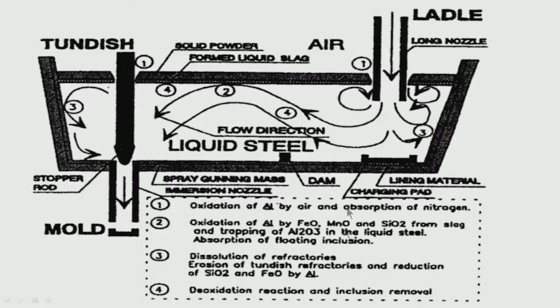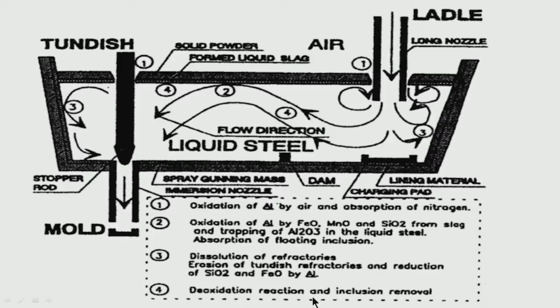Then at this point, as I was discussing, some amount of deoxidation is possible in the tundish, because you have a small amount of aluminum here. So whatever dissolved oxygen is there, there is a possibility of deoxidation. So the alumina, the deoxidant that is forming, is trying to float and should get absorbed.